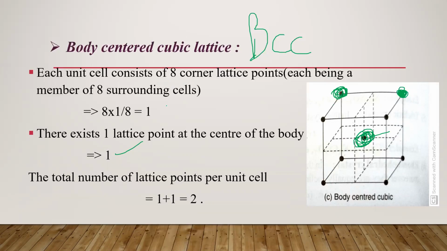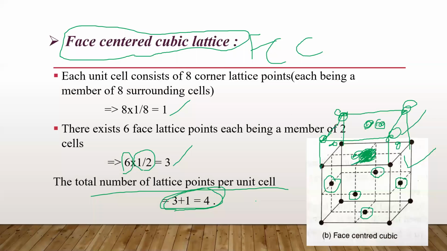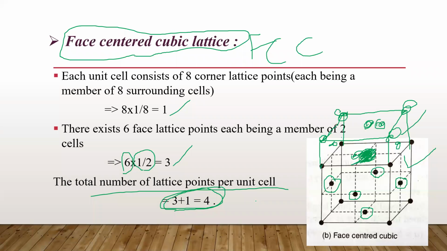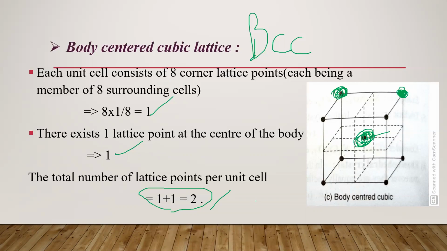So finally I'll get 1 plus 1, I'll get 2. So the number of lattice points per unit cell here is 2. The number of lattice points per unit cell in simple cubic is 1. When coming to face-centered cubic, it is 4. Coming to body-centered cubic, it is 2.